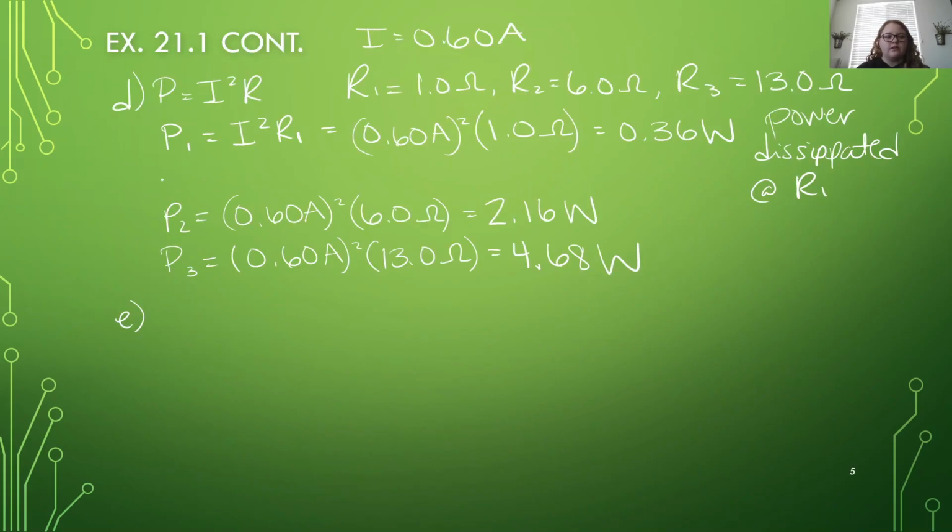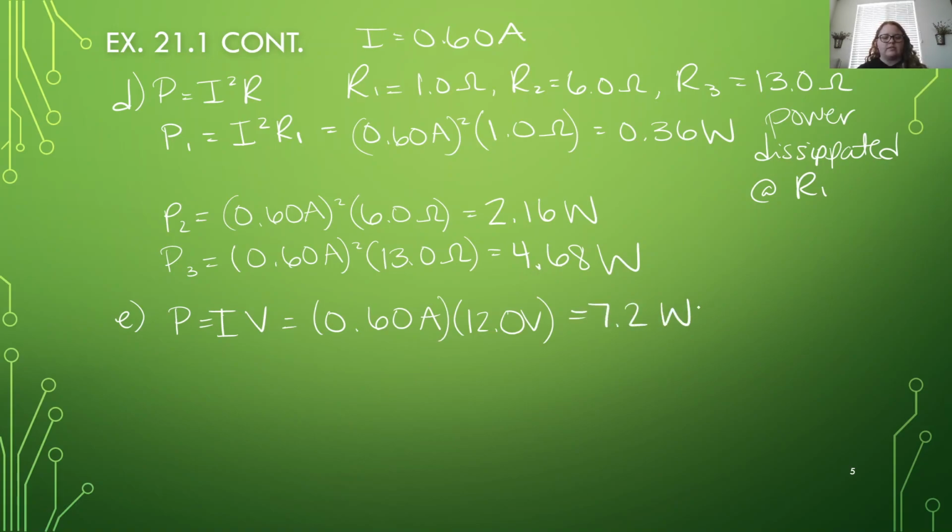So this would be P is equal to I times V. So our current, 0.60 amps, times our overall voltage, which was 12 volts. So 0.6 times 12, and we get 7.2 watts.